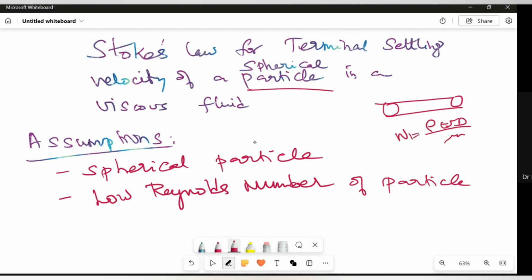Whereas in case of flow through solids, we have the Reynolds number of the particle, which is given by rho V dP by mu. Here rho is the density of the fluid, mu is the viscosity of the fluid, V is the terminal settling velocity of the particle, and dP is the diameter of the particle.